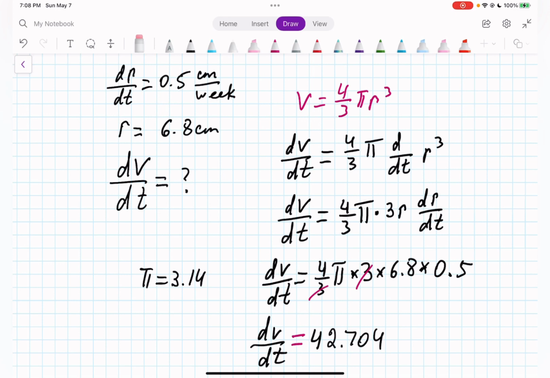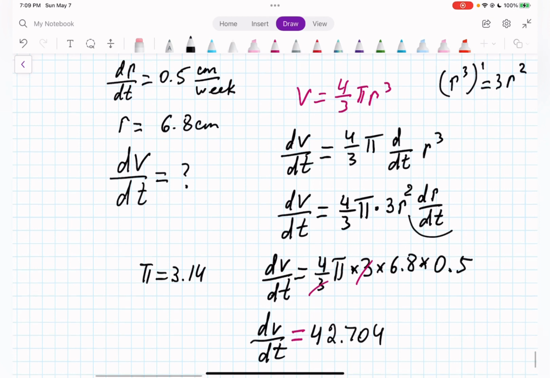The derivative of r cubed is going to be 3r squared. There we go. Here, dr/dt. R cubed, remember? The derivative is going to be 3r squared, and then we take the derivative of r itself also.